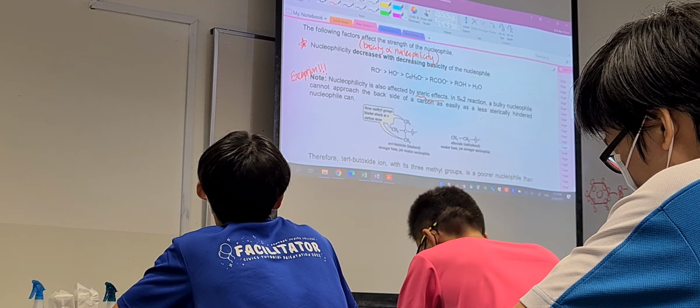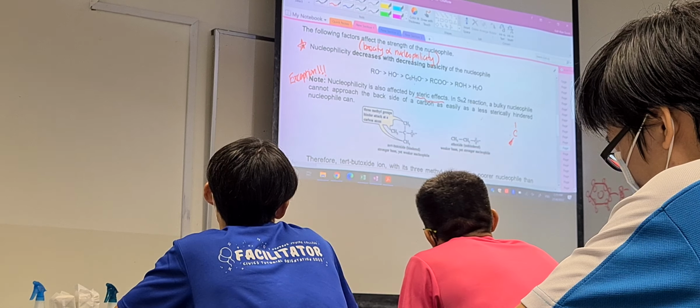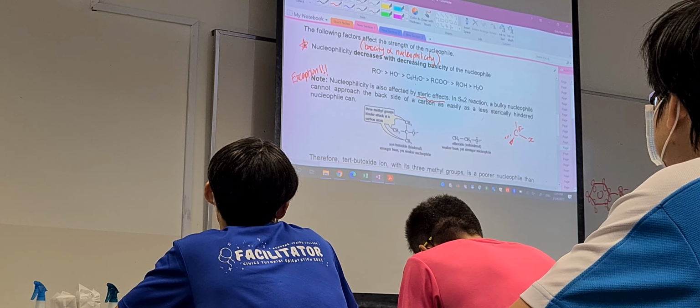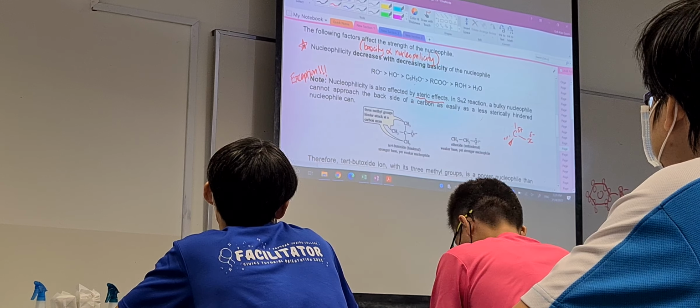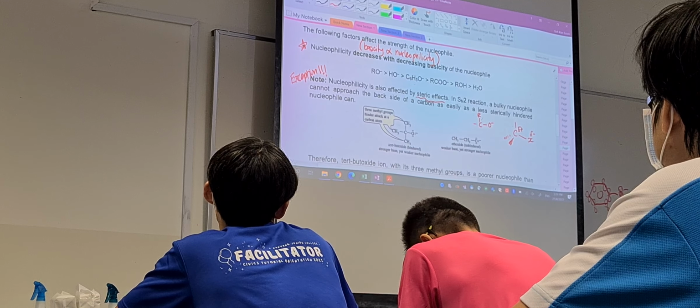For example, if I draw it here, let's say it is an SN2 reaction. These are the halogen, partial plus, partial minus. Now we know that a nucleophile, let's say you have a lot of R groups.